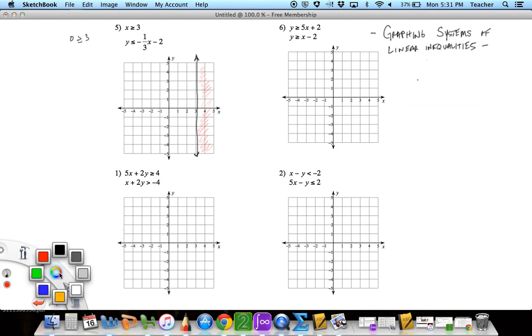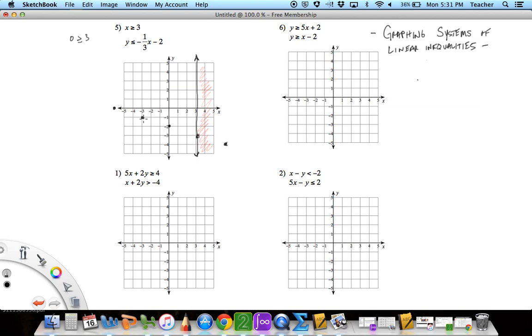My next job is, I'm going to switch back to the pen, and I need to graph this equation. Again, this is slope-intercept form. The y-intercept is -2, and the slope is down 1 over 3. It's very important, and this is a concept we struggled with in the last portion, that with a negative slope my first motion is going to be down, and then over is always to the right.